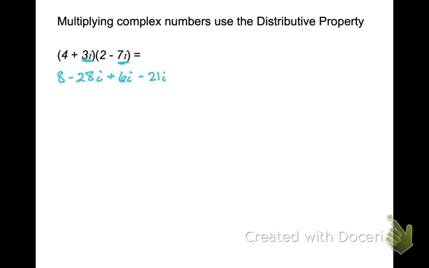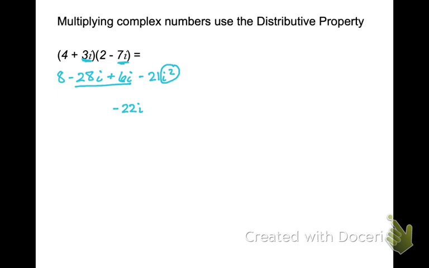Negative 21i squared. Okay, so I have 8, and then what do I have here? Like terms, so I have negative 22i. What is i squared? Negative 1.